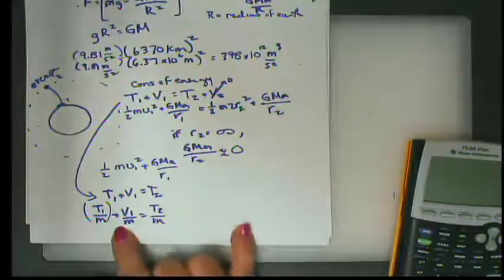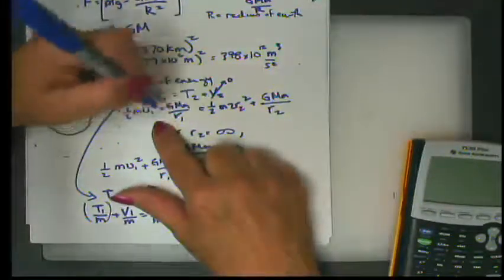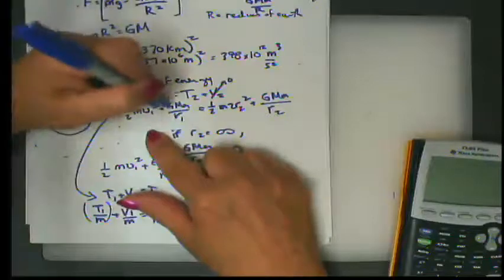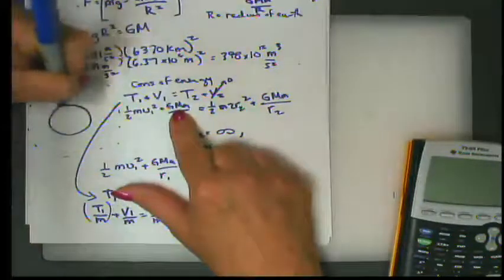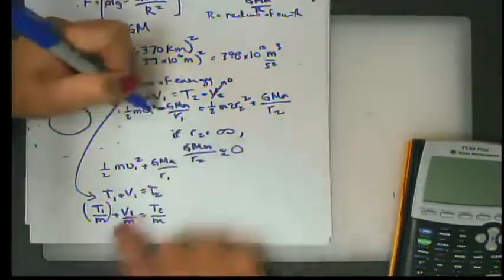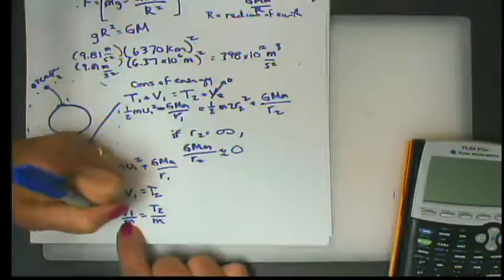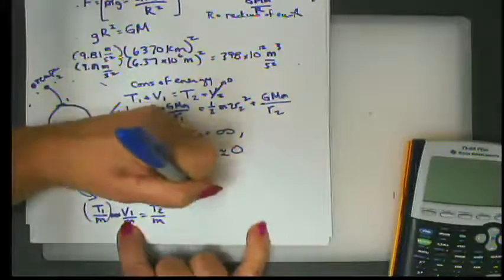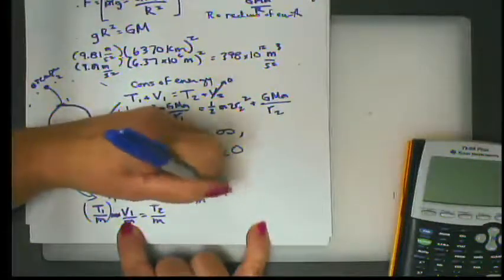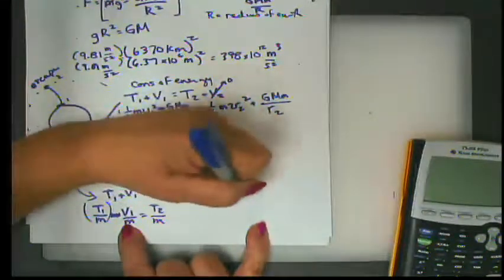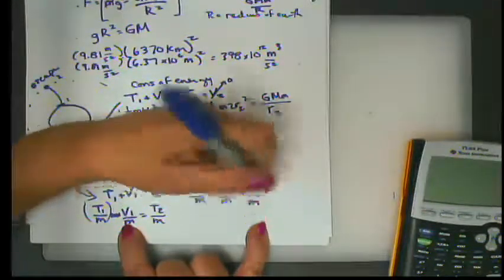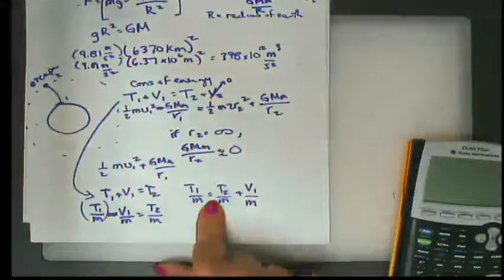All right. That leads me to the fact that this value on the surface of the Earth is actually a negative. So we get T1 over M equals T2 over M plus V1 over M. That's what I'm looking for right there.